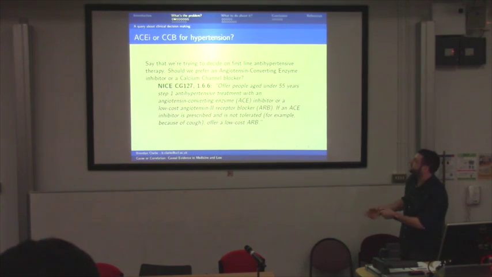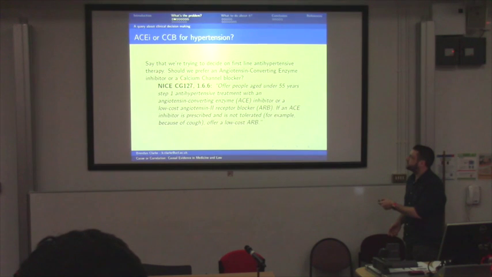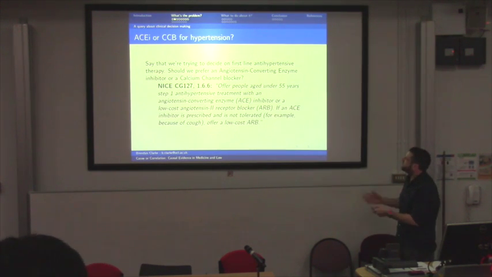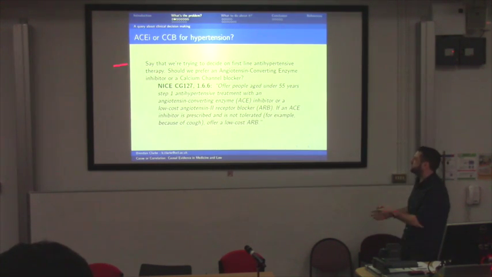And actually, we can look at NICE Clinical Guideline 127, and we can find out that if we're treating somebody under 55 years, we can offer them first-line antihypertensive therapy, which is an ACE inhibitor, and that, from clinical trials, is supposed to be straightforwardly the right answer.